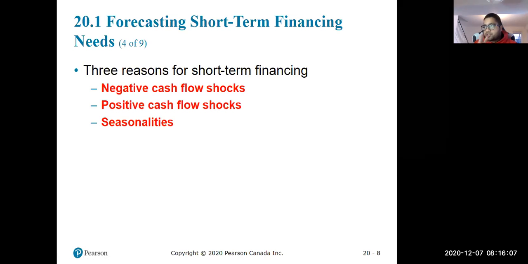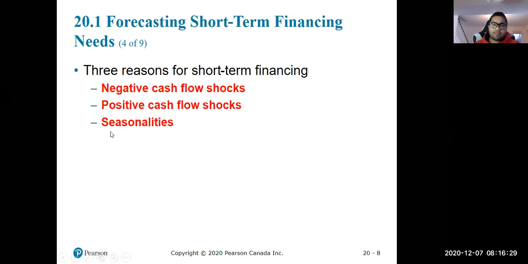It can be a positive shock, something that is not anticipated, but positive things happen. Or it can be seasonality. We have discussed, like snowboard companies will generally do well in fall, in anticipation of winter and actual winter. They won't have much sales in summer months and spring months.